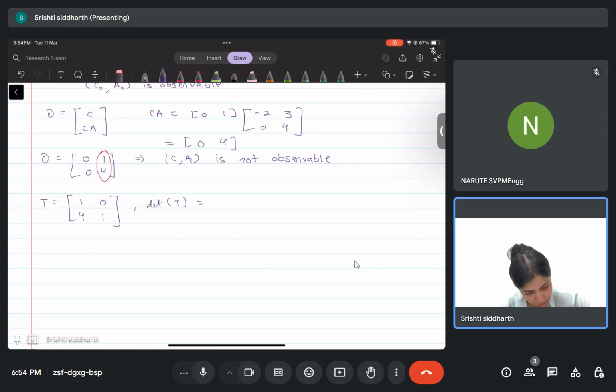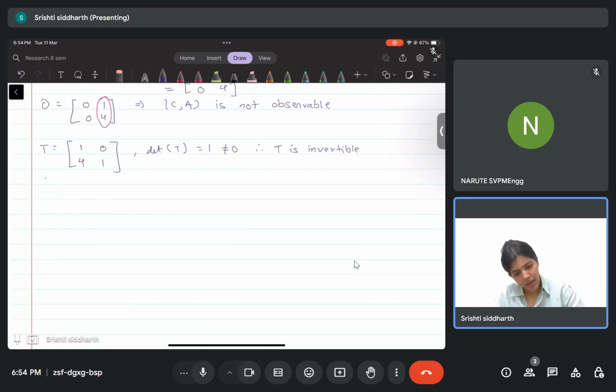This is 1, therefore T is invertible. This is the transformation. Then A bar is going to be T inverse A T, and C bar is going to be C T. The new states are X bar equals T inverse times X.